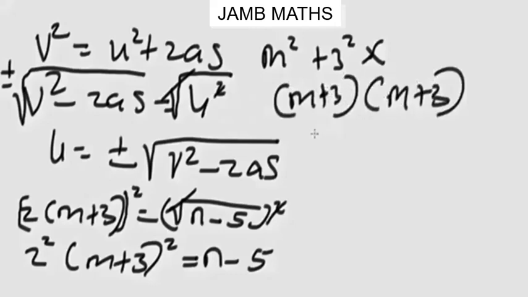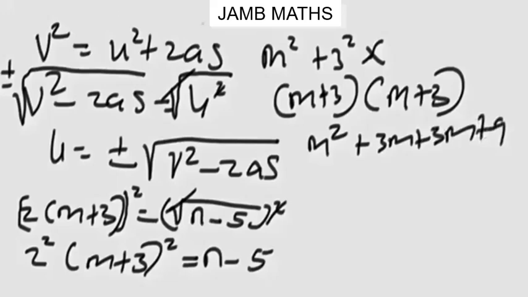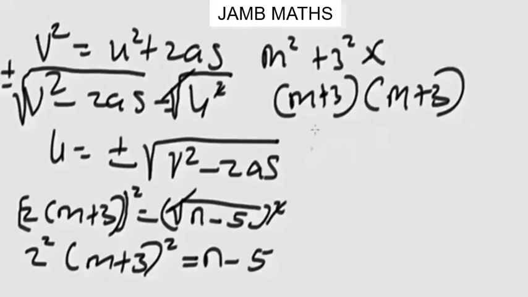So when you simplify this, you're going to have m square plus 3m plus 3m plus 9. Or let me show you so that you are not confused about what I did here. This will be this first bracket multiplied by everything here.